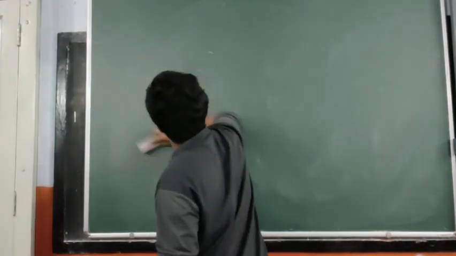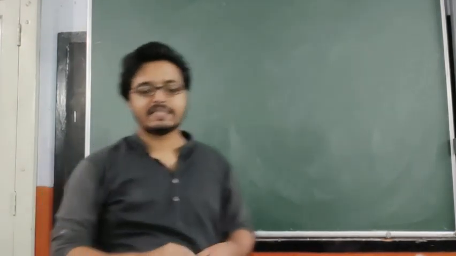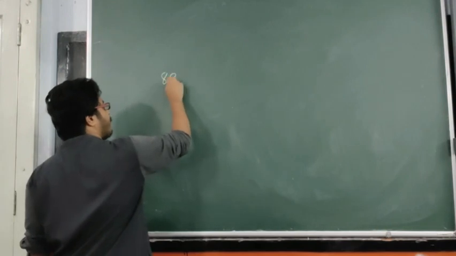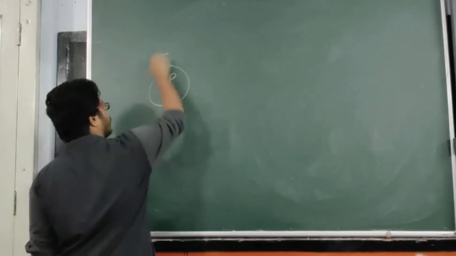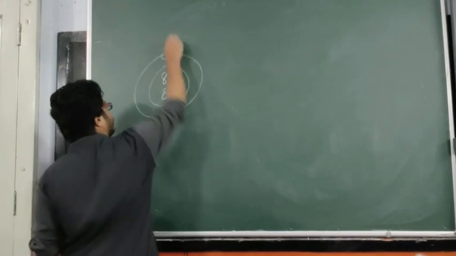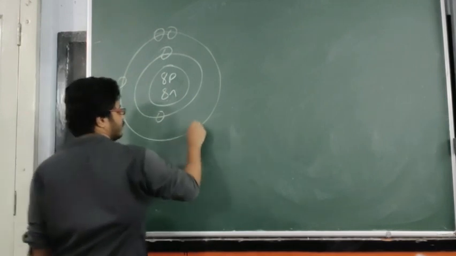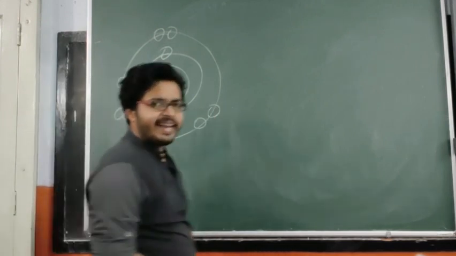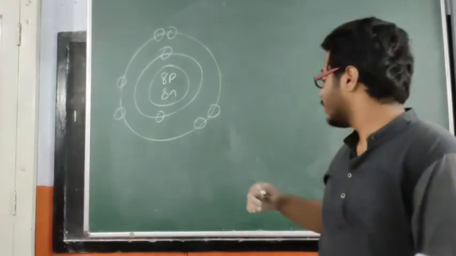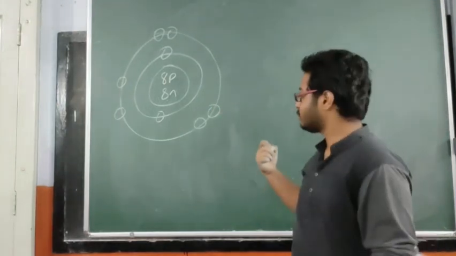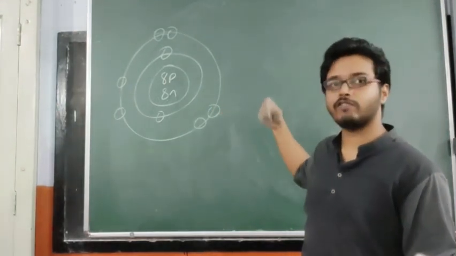Now, what happens to the size of an atom when it is converted to an anion or cation? Suppose I have taken the same oxygen atom, 8 protons, 8 neutrons, 8 electrons, and I have given a very large amount of energy to remove one electron from the outermost shell of the oxygen atom.